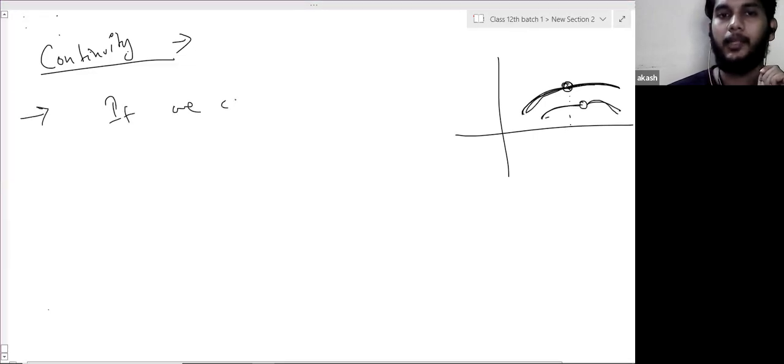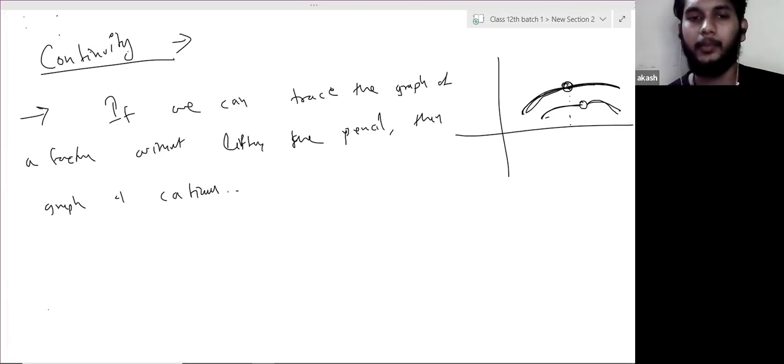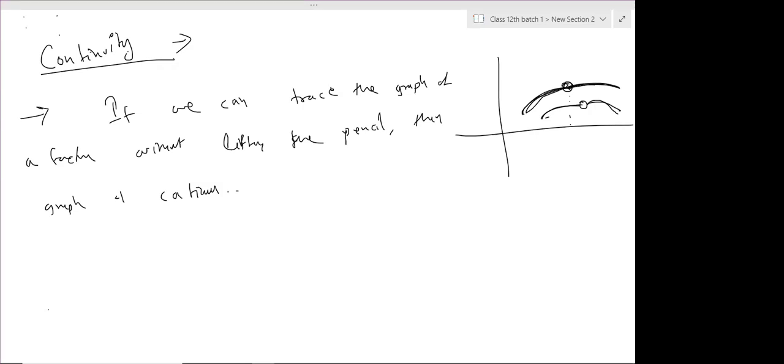If we can trace the graph of a function without lifting the pencil, then the graph is continuous. All right, note it down just for revision.